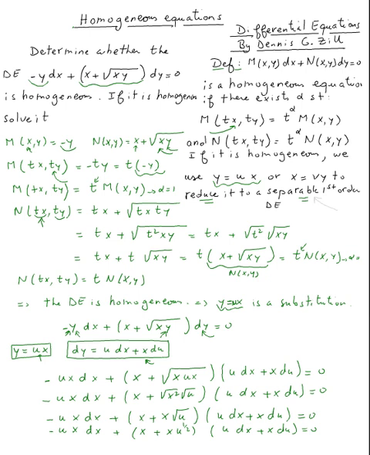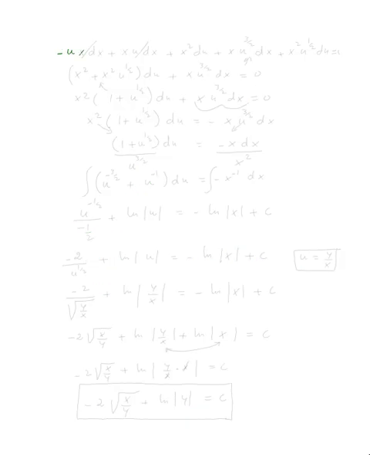Now, all we need to do is distribute. This algebra, when we distribute, we get minus ux dx plus xu dx plus x squared du plus xu to the 3/2 dx plus x squared u to the 1/2 du, and that's equal to 0.